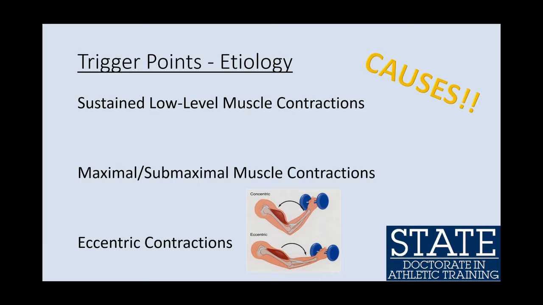So the contraction is so hard or so large that the muscle is finally like, I don't have enough ATP left to sustain this hard of a contraction. Eventually the area will run out of ATP, and that leads to sustained fiber contraction, ultimately leading to the trigger point formation.